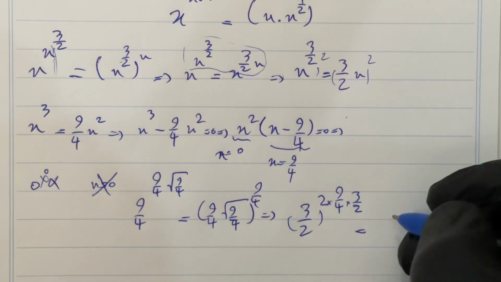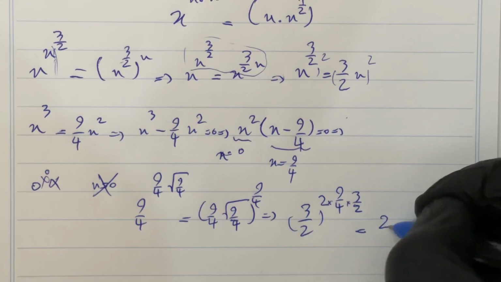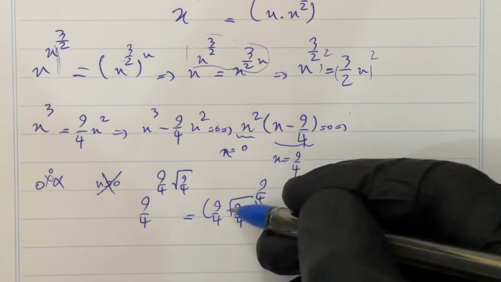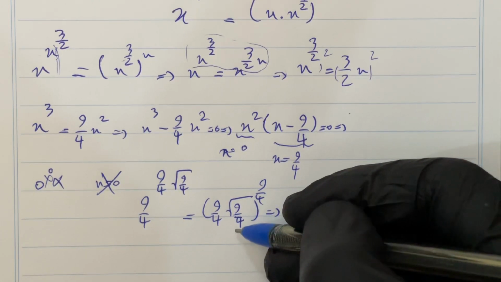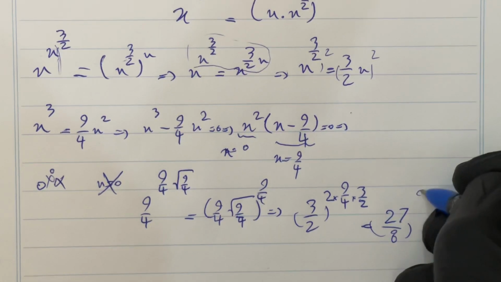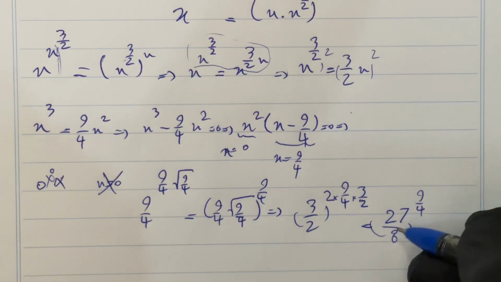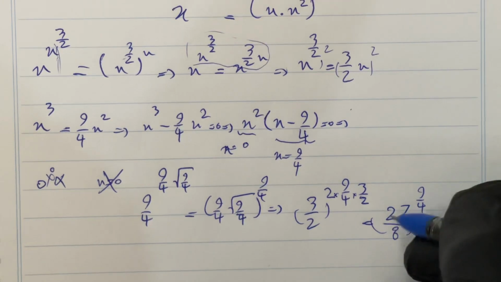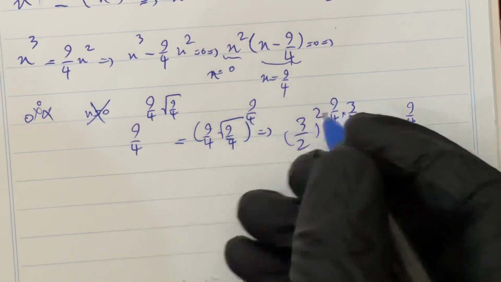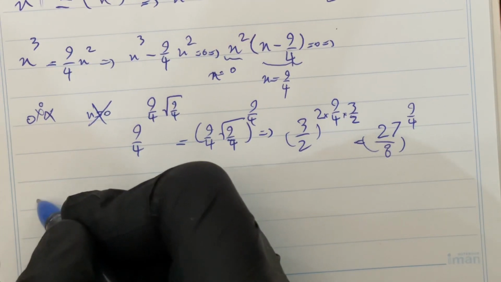And also this would be 27 over 8, because we have a 3 in the numerator and 2 in the denominator, 2 times 4 is 8, to the power of 9 over 4. And also this is 3 over 2 to the power of 3. So let me write the simplified form of this.